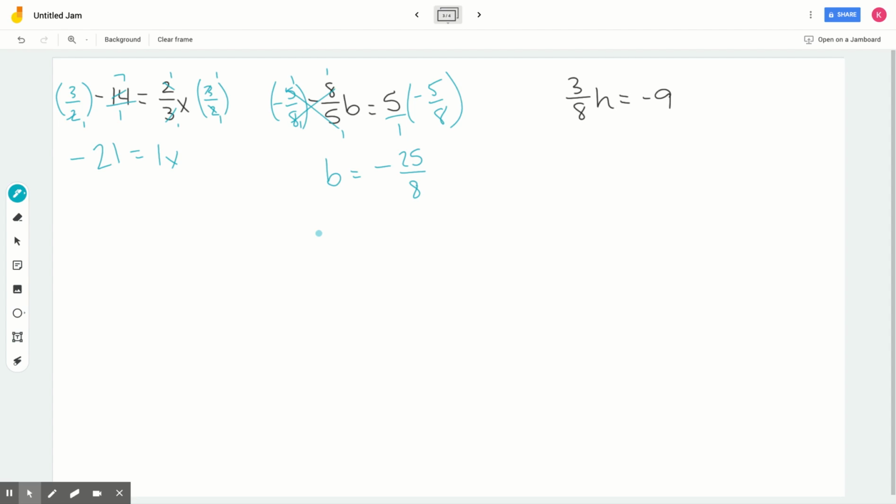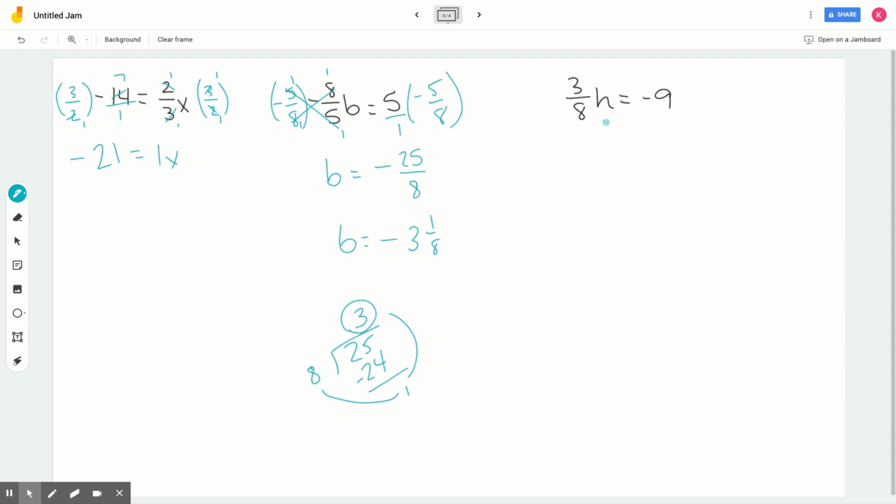Now we don't want to leave our answer as an improper fraction. So remember that we have to put that top number inside the house. 8 goes into 25 3 times, and we have 1 left over. So our answer is going to be -3 1/8. Now go ahead and give the third one a try on your own and come back when you're ready.